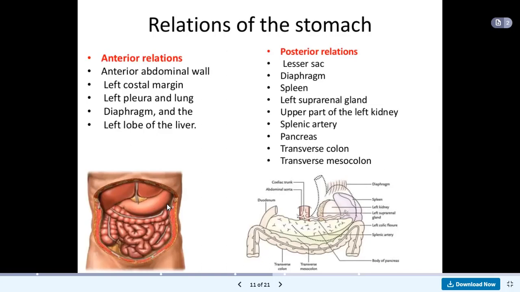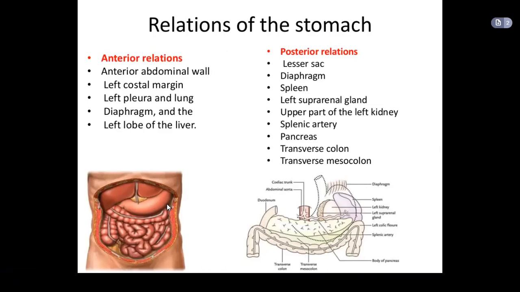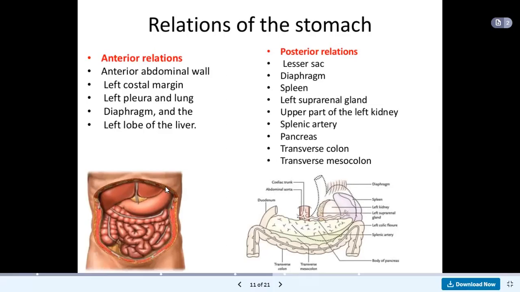You have the left pleura and the lungs, because just on top of this stomach, on this left side, you have your heart actually, but then there's a part of the lungs that also projects downward. So you have your left pleura and the lung, and then you have your diaphragm. I told you that the diaphragm separates the abdominal region from the thoracic region. So the diaphragm is here also. So that is anteriorly related to the stomach.